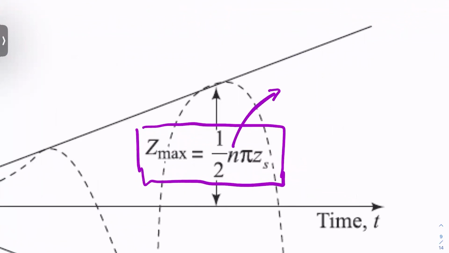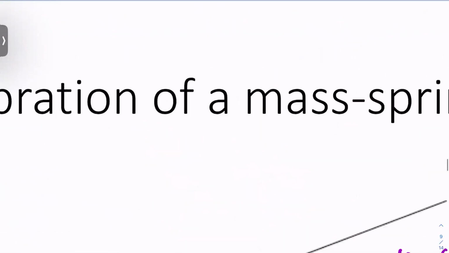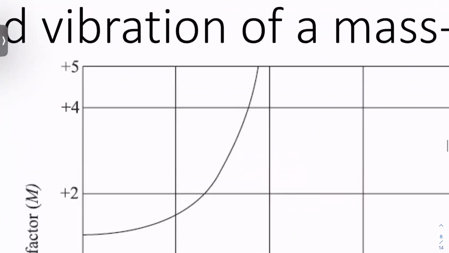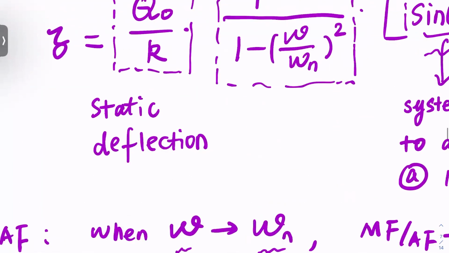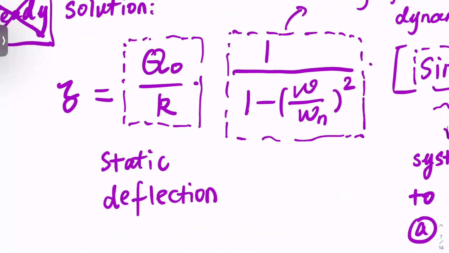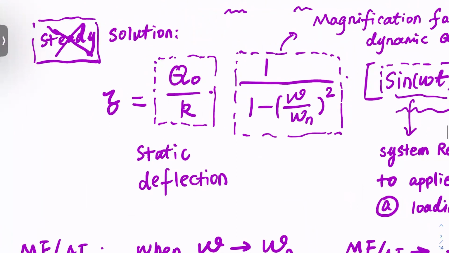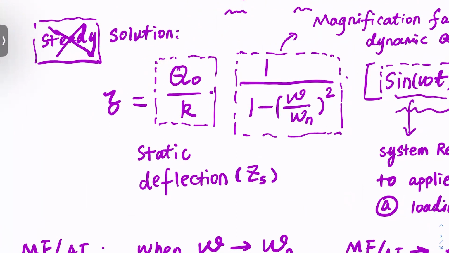This n is the number of cycles. Oh, okay, my bad. This is Zs. So Zs is the static deflection.